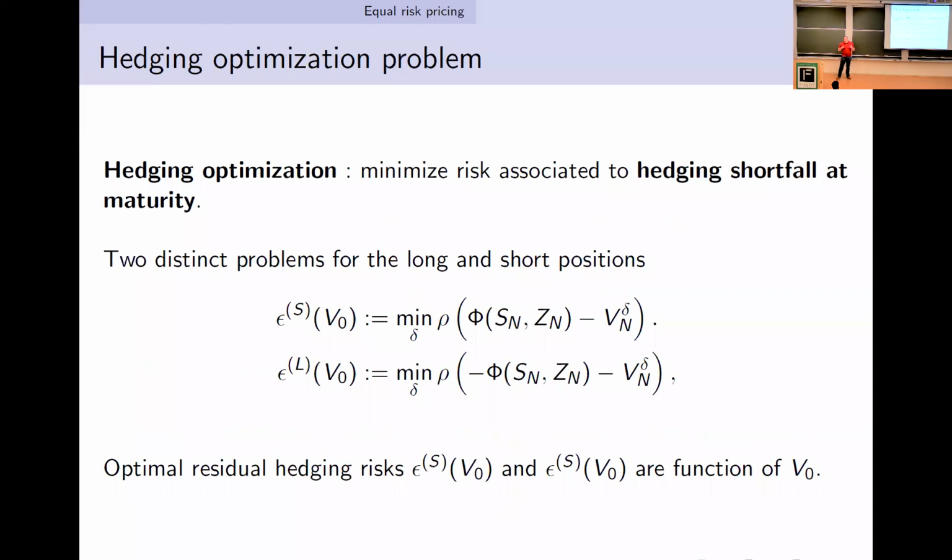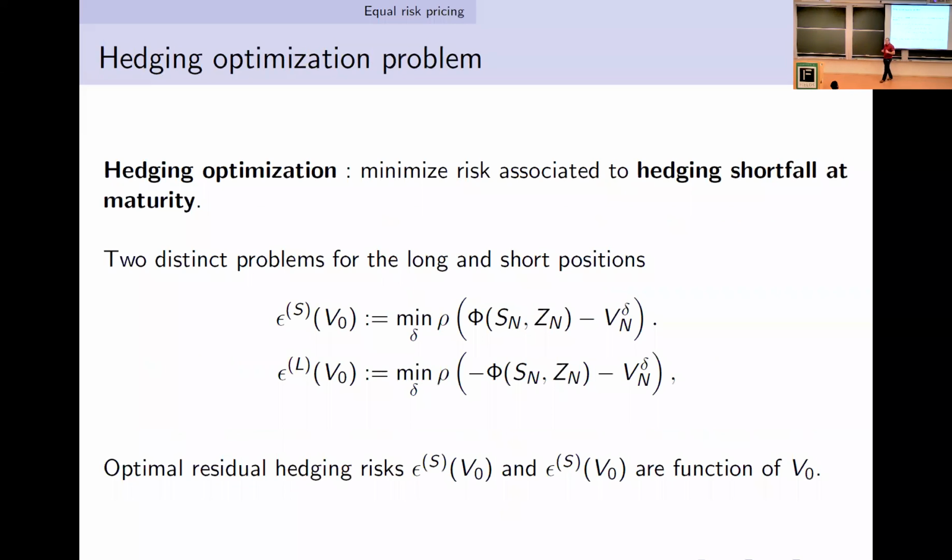Okay, so let's now define what is the mathematical problem that we're trying to solve to get the equal risk price. So we'll consider two mathematical problems to do so. Here, the hedger of the short position will attempt to minimize across all possible trading strategies.